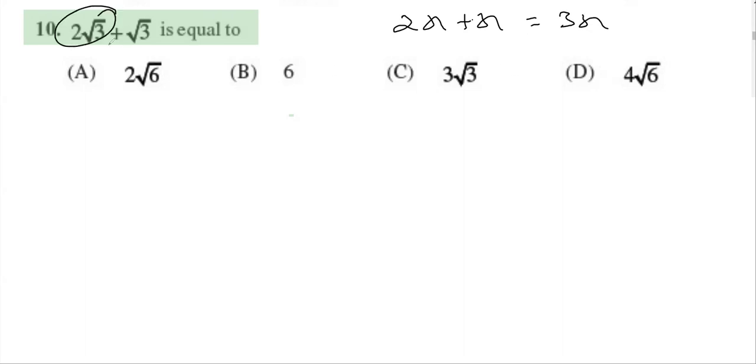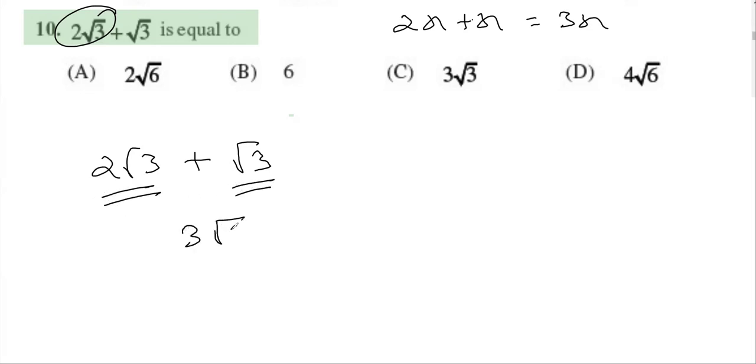Same way, if I am asked to find out what is 2 root 3 plus root 3, temporarily we treat root 3 like a variable. If I say this is 2x and this is x, you should say 3x. So similarly, 2 root 3 plus root 3 should be 3 root 3. And we can see that C is the correct option in this case.